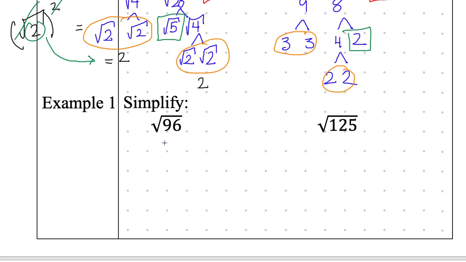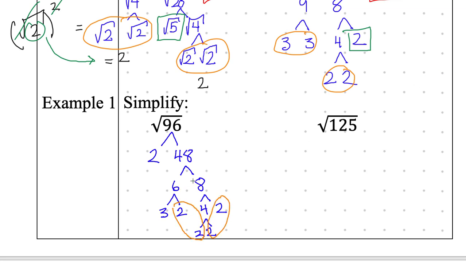Okay. I got 2 and 48, and for 48 I did 6 and 8. For 6 I did 3 and 2. For 8 I did 4 and 2. For 4 I got 2, 2, and I paired the 2s together. And then I got the 3 and the 2.